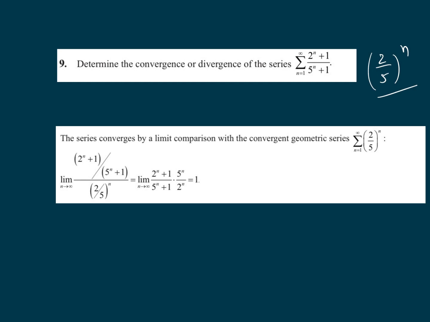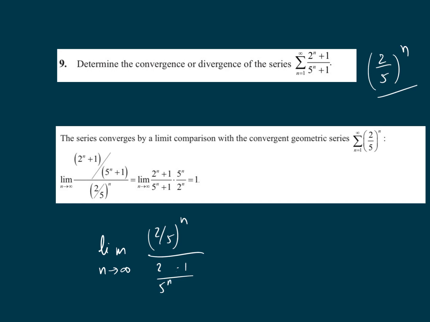So I will do the limit when n goes to infinity of a sub n divided by b sub n, that is, the series 2 to the n plus 1 over 5 to the n plus 1, divided by 2 to the n over 5 to the n.